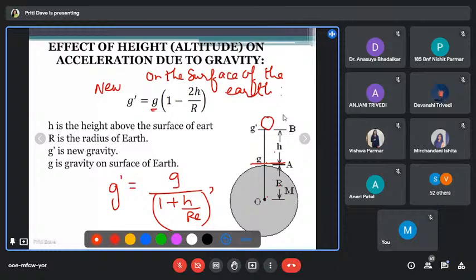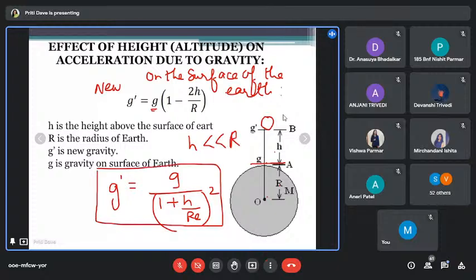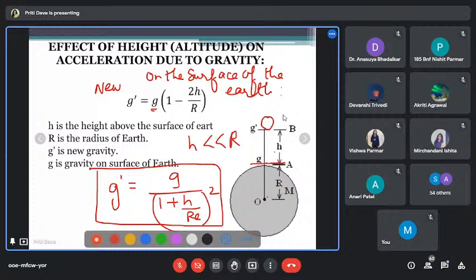So please read the question carefully. As far as I have seen the papers for your entrances, they always give h as negligible, where h is much lesser than r. So 99% of the time this formula is not used. But in case the value of h is comparable to the radius of Earth, then you are to use this formula where g dash is given.